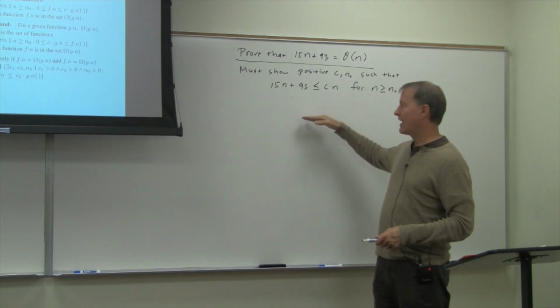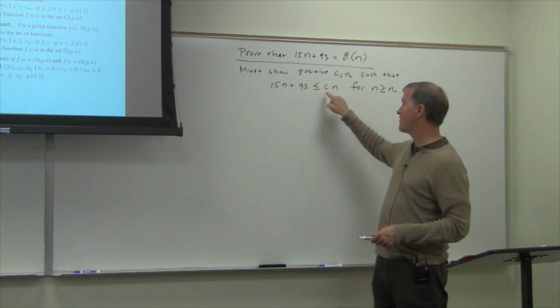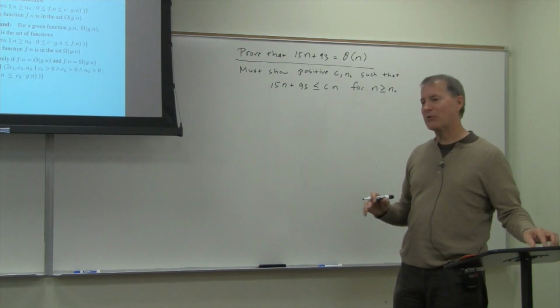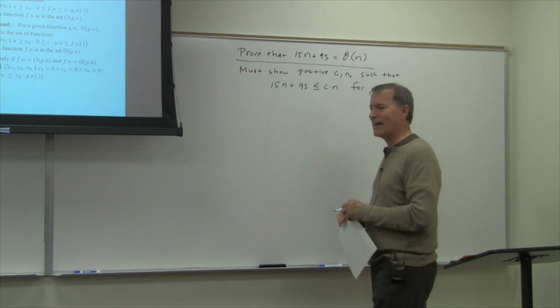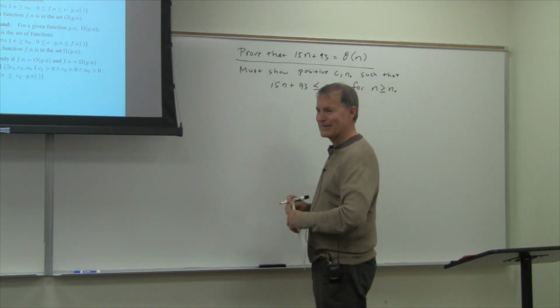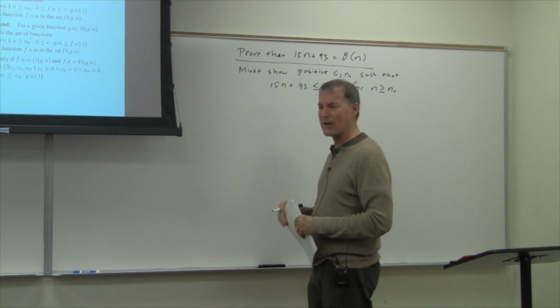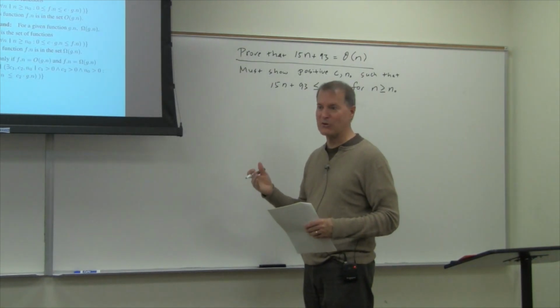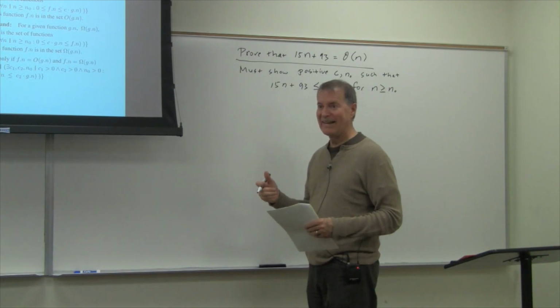In the course of doing this, we will actually come up with the C and an n naught. But you have to be creative. This is a change of pace from a lot of our proofs, because we're dealing with inequalities here, and you have to be creative.